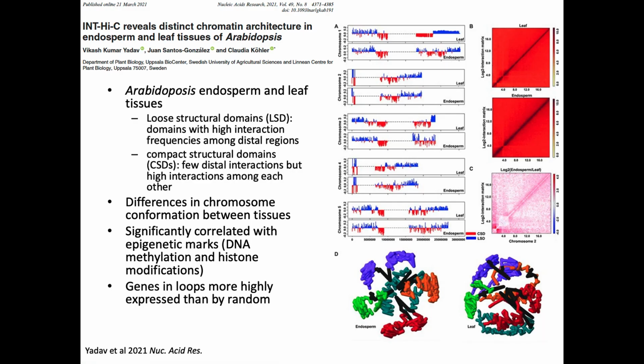And by looking at this type of data, if you look at Arabidopsis and compare endosperm to leaf tissues, you can see that there are very different patterns in chromosome conformation, depending upon which type of tissue you're looking at.